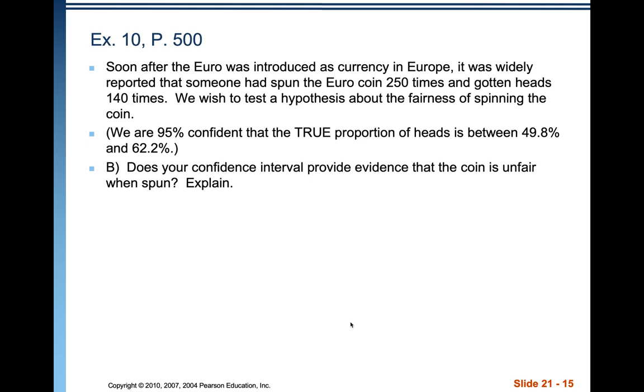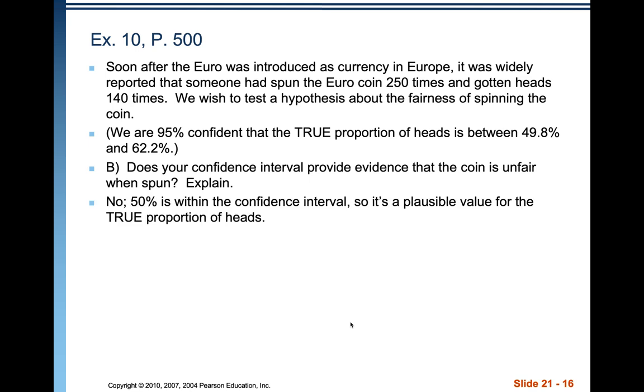Does your confidence interval provide evidence that the coin is unfair when spun? Explain. Okay, so when we are testing something like the fairness of a coin, it's going to be a two-sided test because it doesn't matter whether one of the proportions is above 0.5 or below 0.5, it's still unfair.